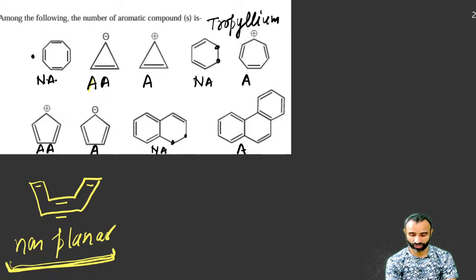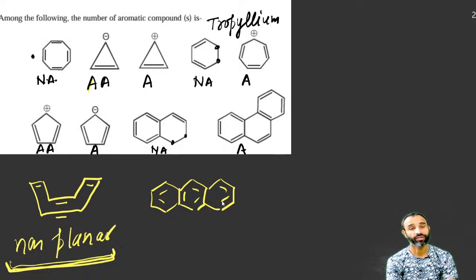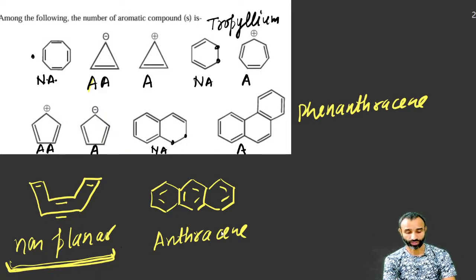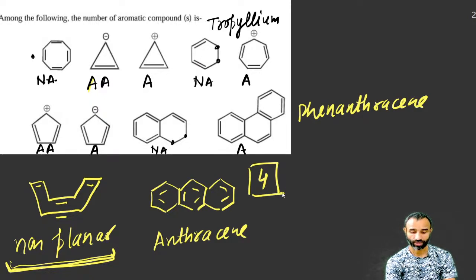Actually, anthracene is like this, all the rings in a linear fashion. This is anthracene. So in this way we get 1, 2, 3, 4. So there are 4 aromatic compounds.